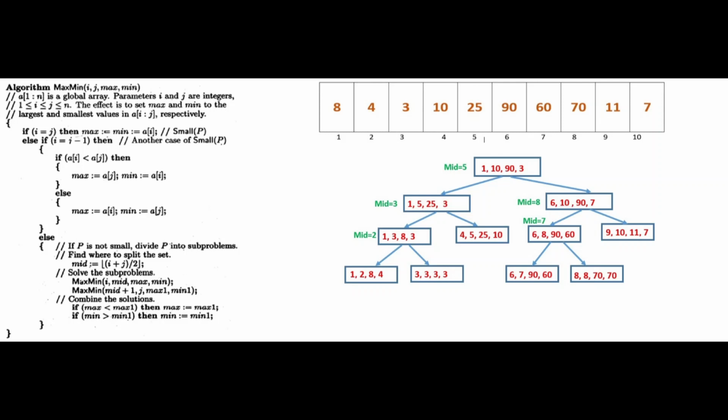Array a of 6 to 10: the maximum value is 90 and the minimum value is 7. Node with mid equal to 7, a of 6 to 8: the maximum value is 90 and the minimum value is 60. That is the same in the case of each and every node.